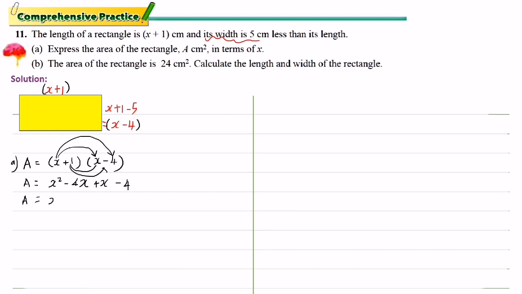A equals s squared. Here is like term, so we add it. Negative 4s plus s equals negative 3s. And copy down negative 4.